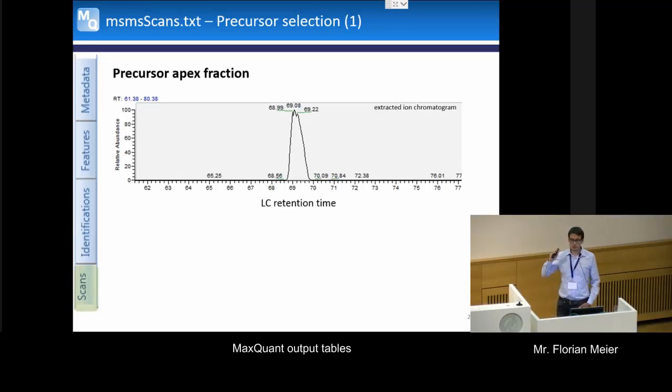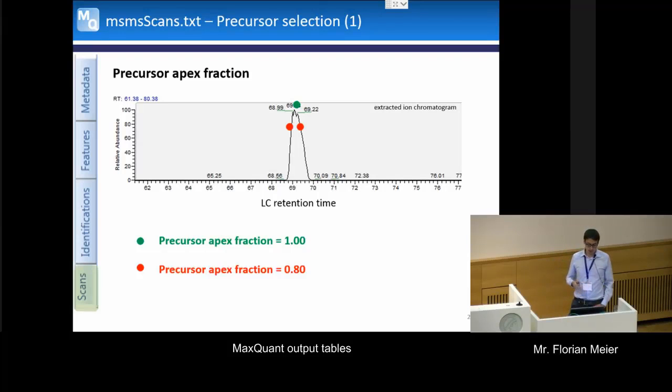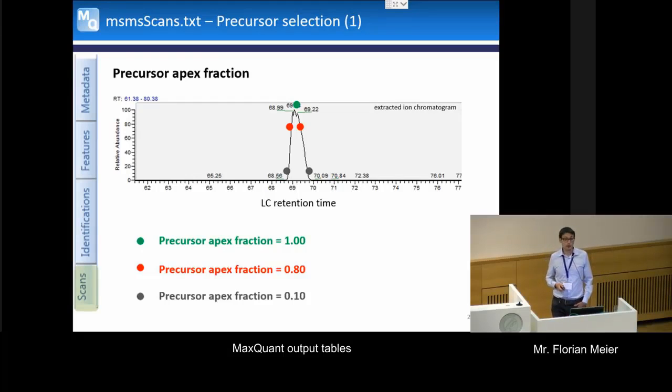So ideally, we always trigger the MS event on top of this peak, and the precursor apex fraction gives you an idea of how close you were to this ideal position. If it's 1, it means you exactly triggered the MS event on the apex. If it's 0.8, you are still good, but not ideal. And if it's 0.1, you probably should have waited a bit longer to acquire this MS experiment.